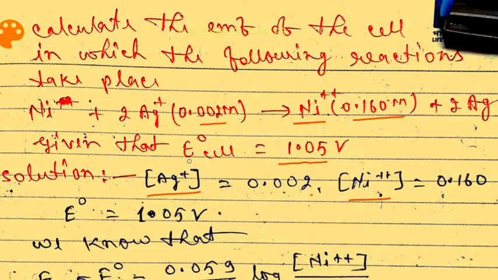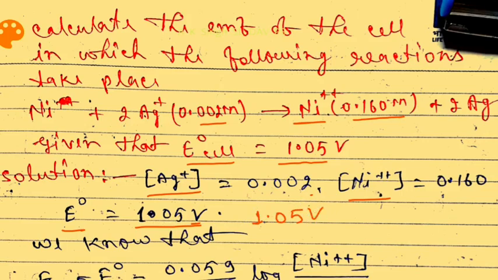Now the standard electrode potential, when the concentration was 1 m, is 1.05. So the standard electrode potential of the nickel silver cell is 1.05. Don't be confused here, 1.05 volt is given.